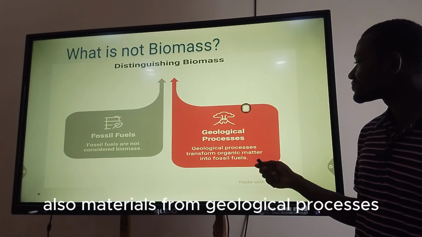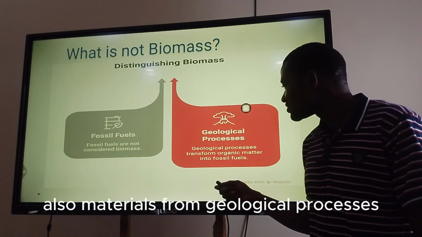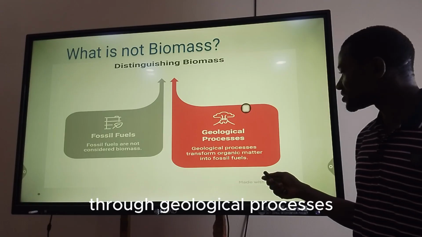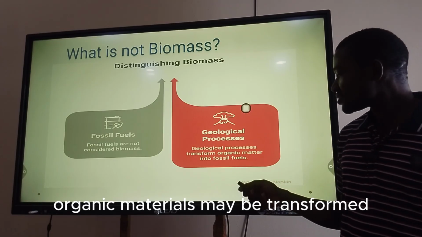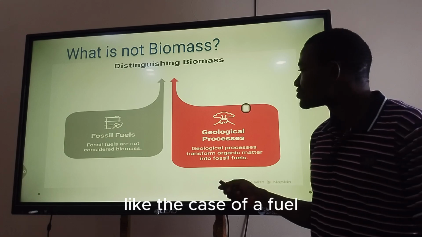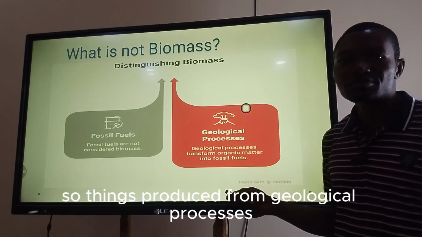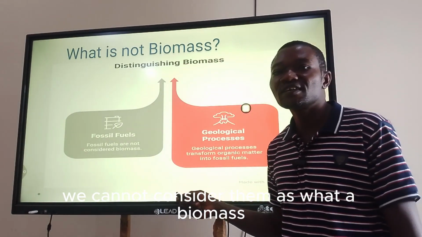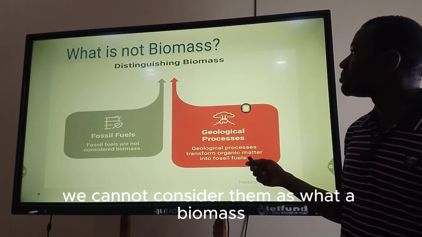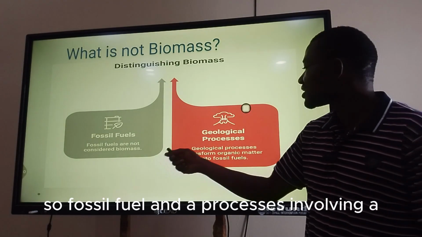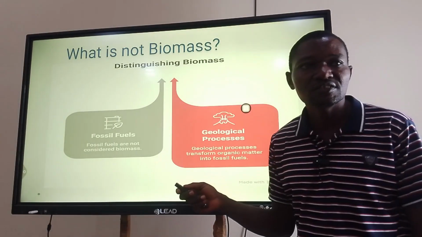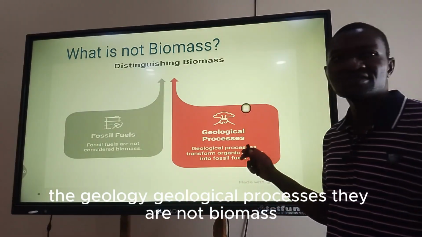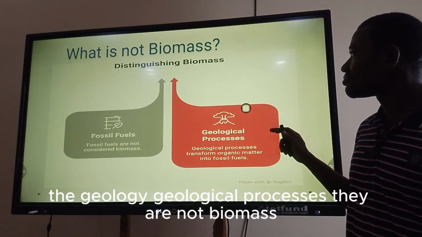Also, materials from geological processes. Through geological processes, organic materials may be transformed, like in the case of fuel. So things produced from geological processes, we cannot consider them as biomass. So fossil fuel and processes involving geological processes are not biomass.